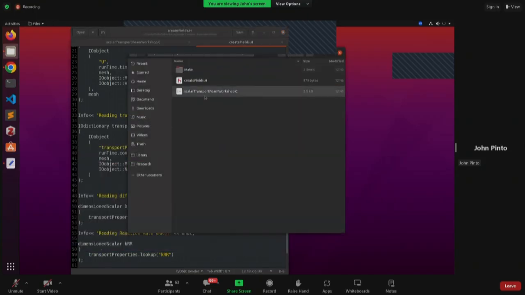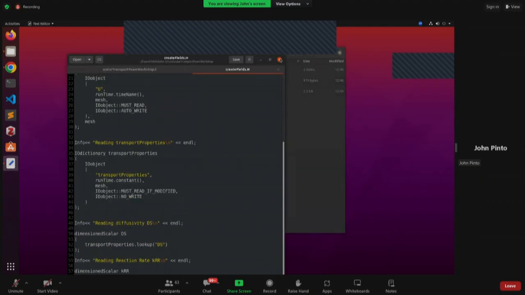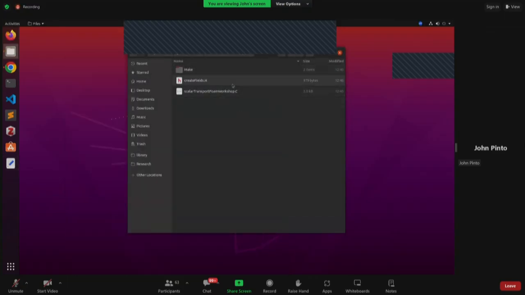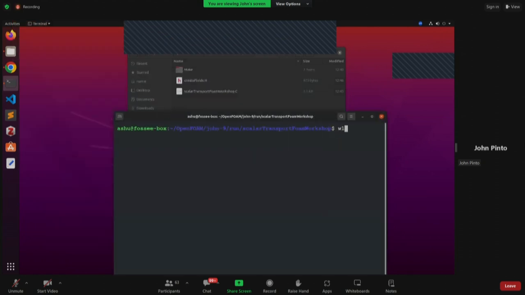I hope now everything is done. Once this is done, I just save it, and then I try to compile it. To compile it, you need to be in this same folder, where Make, createFields, and scalarTransportFoam are. So you open this in the terminal and type wclean.